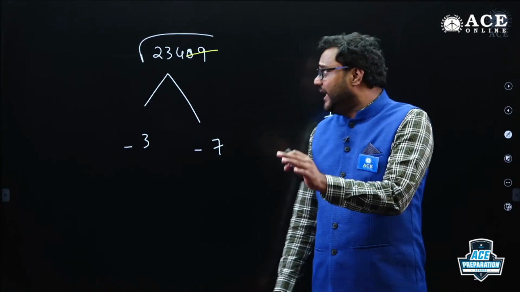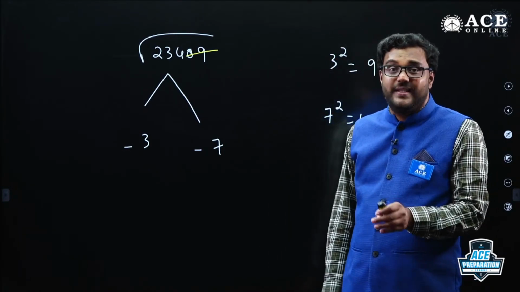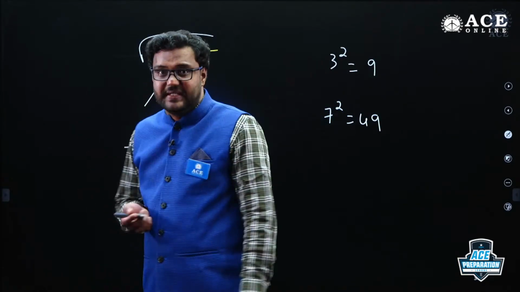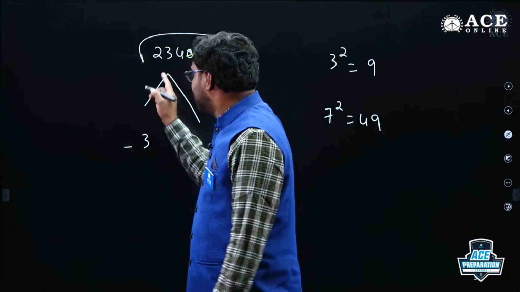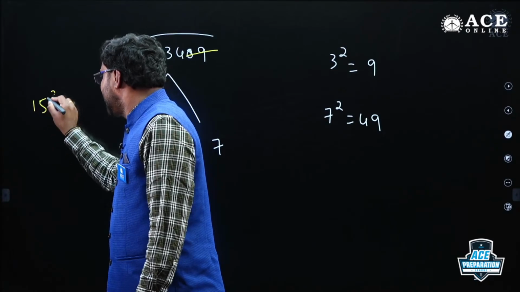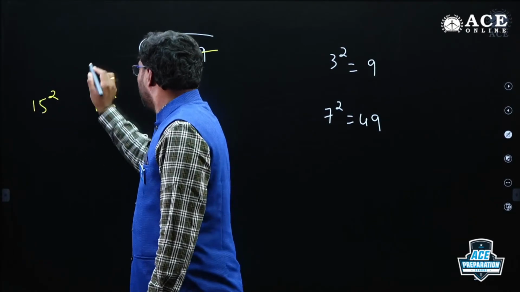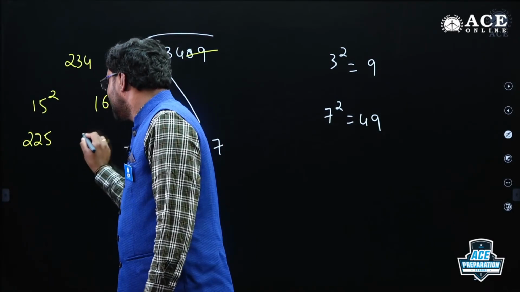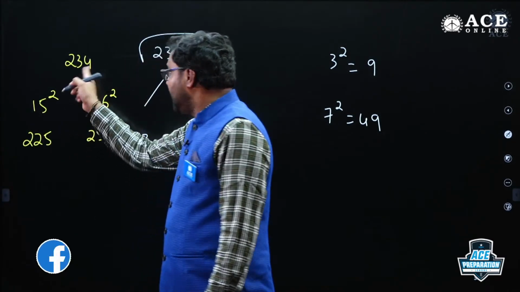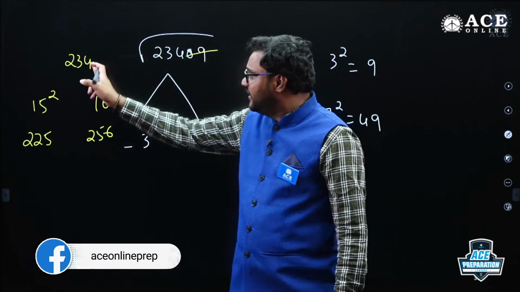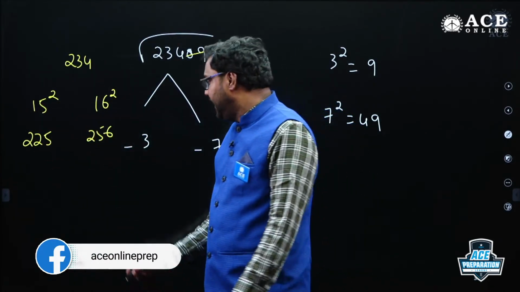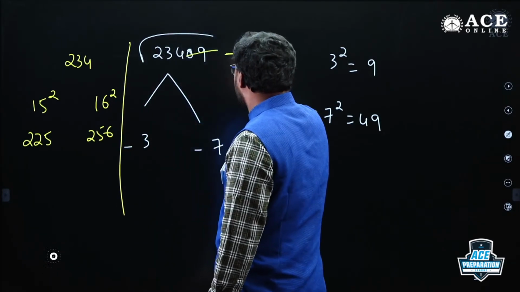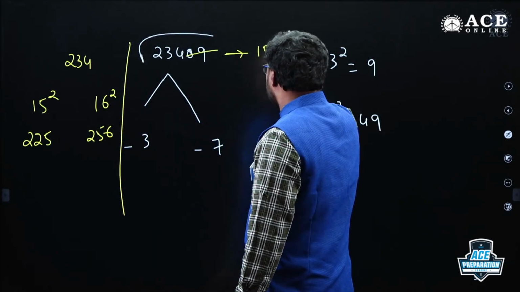Now 234 is between which squares, we have to be careful. 16 square is 256, 15 square is 225. Yes, 234 is between 225 and 256. So take the lower one, 225. Take 15. So it might be 153 or 157.